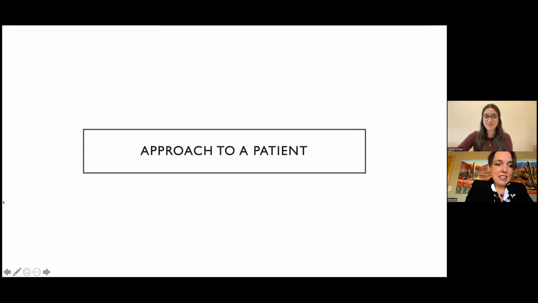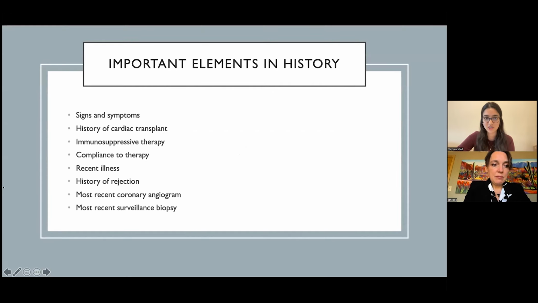Now, with this background in mind, how to approach a patient that comes in with concern for antibody or cellular rejection. There are important elements in the patient's history to know about, including the signs and symptoms, which can really be anything and everything under the sun, from any kind of pain, arrhythmias, any dyspnea on exertion, really any symptom that they experience.